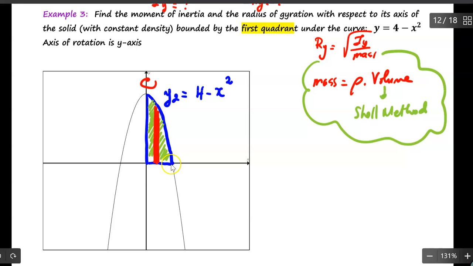So that's why I'm asking everyone on the test that you make sure that you shade in the area for me, right? So in the process of shading the area, you probably realize what is your upper function and what is your lower function. So now it's very obvious your lower function should be this line right here, which is your x-axis.